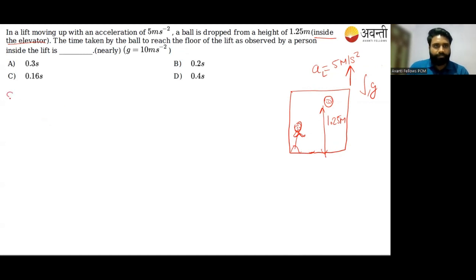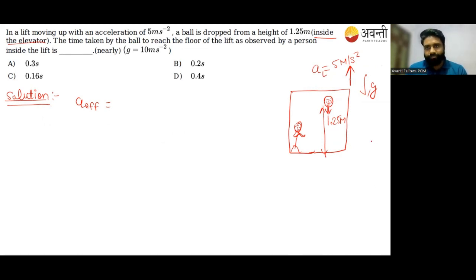Firstly, we would have to find the effective acceleration that is acting on the ball. This ball is inside the lift, and while it is moving downward, it is encountering the gravitational pull. And this lift is moving up with an acceleration of 5 meter per second square.